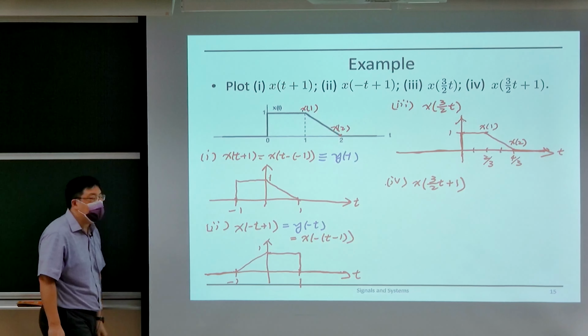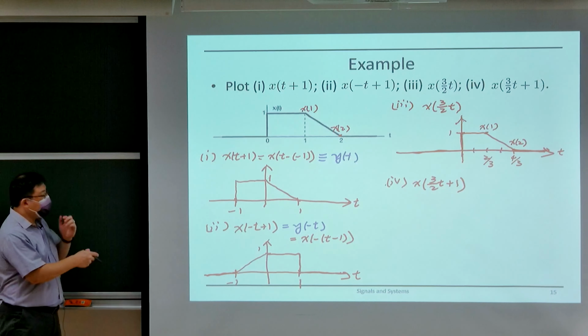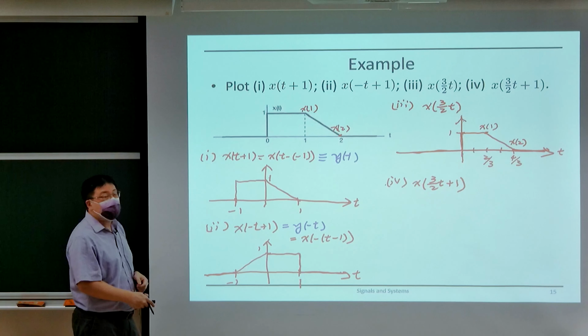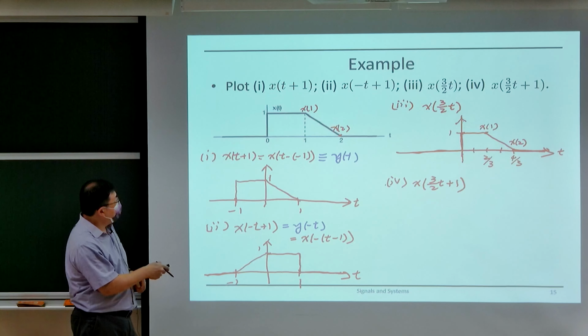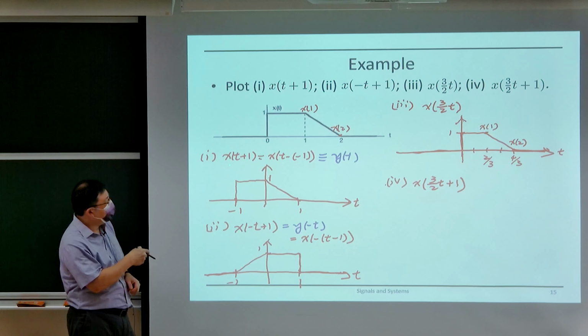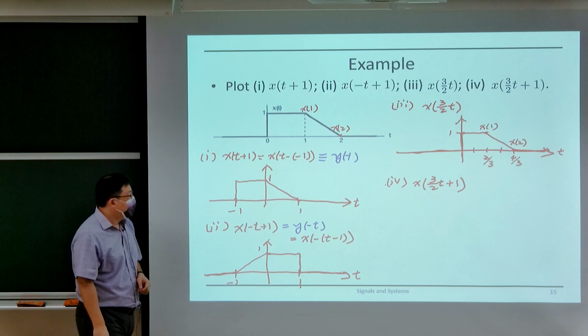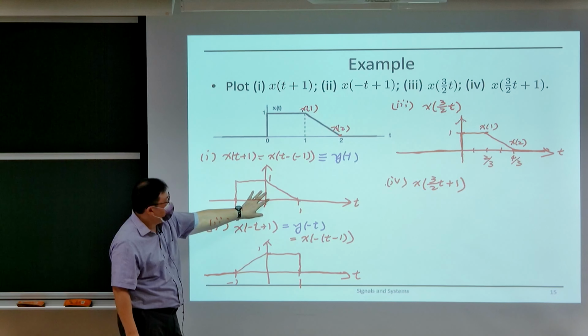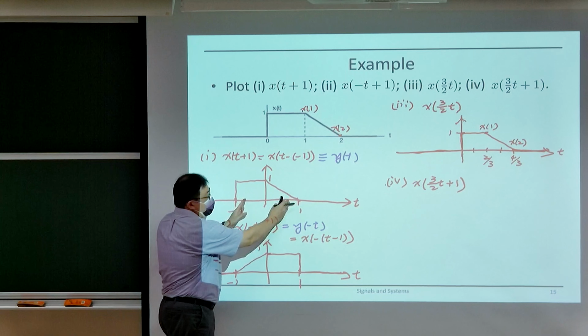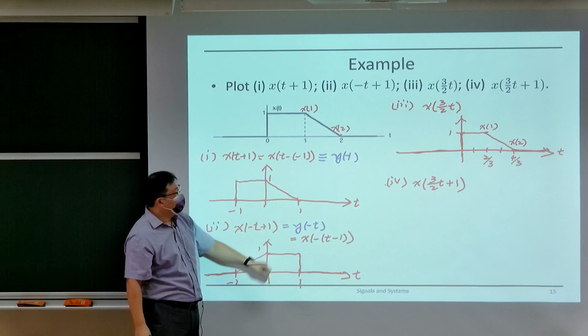The second approach is a little bit easier, because if you view this as a compressed version of x of t plus 1, then you simply take this signal and compress it to the point 2 over 3.